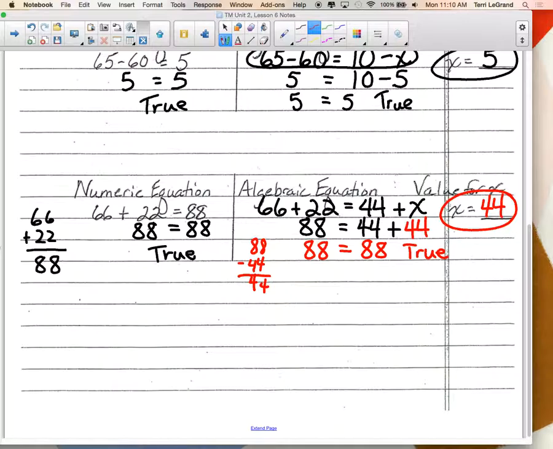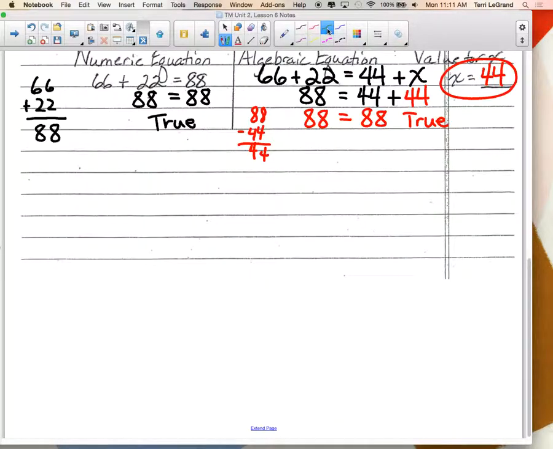Did we have to use addition even? How about multiplication? What if I wanted to use multiplication in this one? Help me with that one. Give me a multiplication problem. Oh, yeah. So I have 66 plus 22 equals what? 44 times x, right?